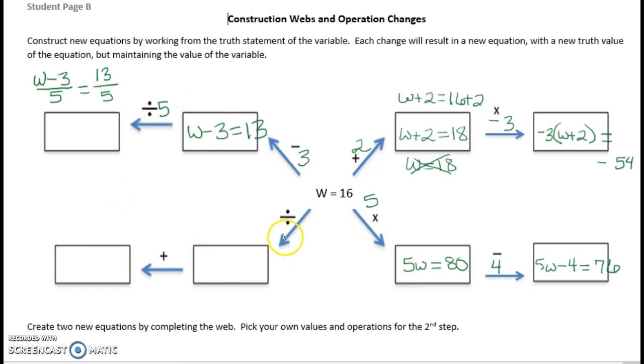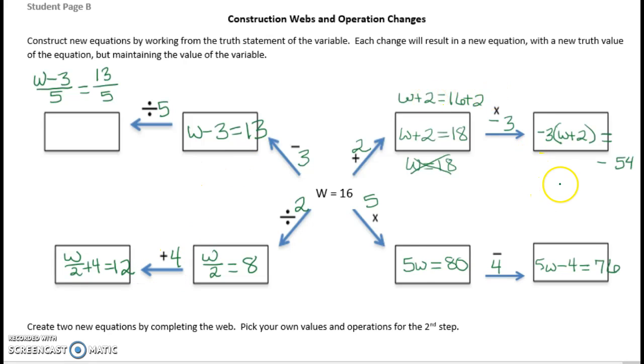And then lastly, we can do one more, again starting with w equals 16. Perhaps we want to divide by 2. When we divide by 2, we're going to take w divided by 2, and this equals 8. And let's add 4. And w divided by 2 plus 4 will equal 12.